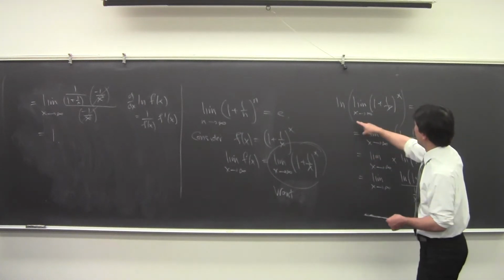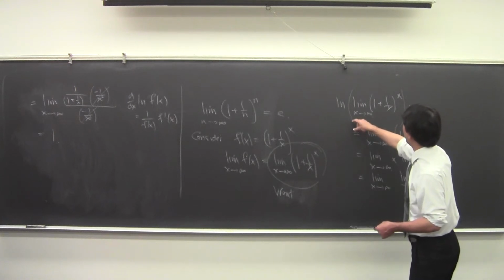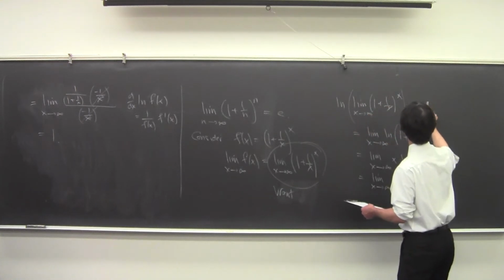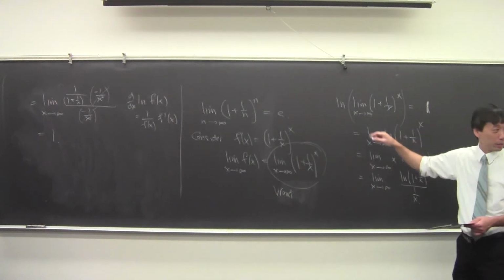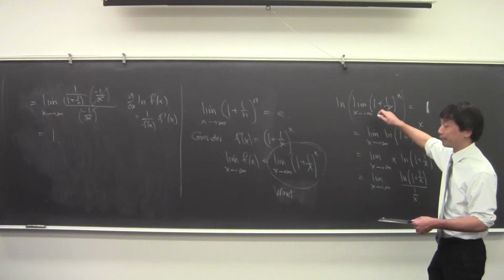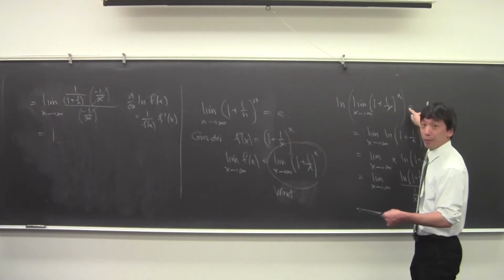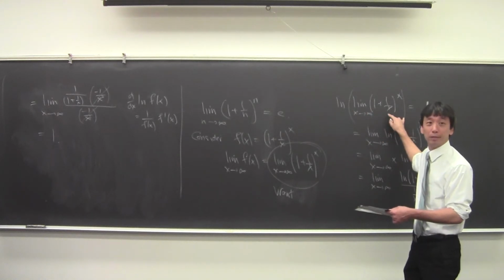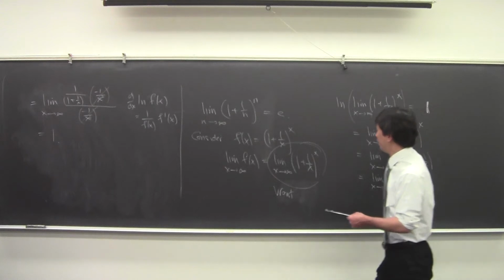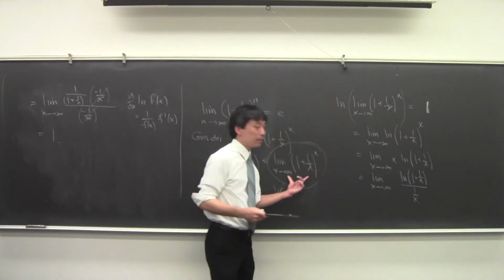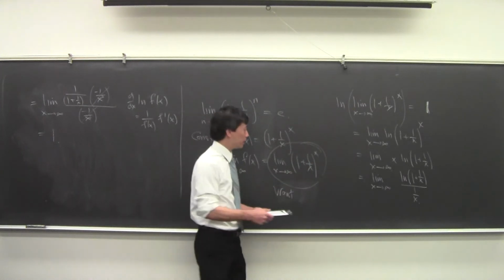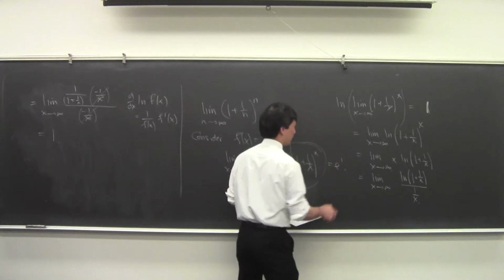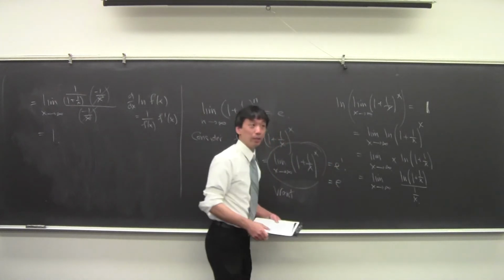Okay. So we get that this thing equals 1, right? The natural log of the thing that we're trying to figure out is 1. That means that the thing we're looking for turned out to be e to the 1, namely e, right?